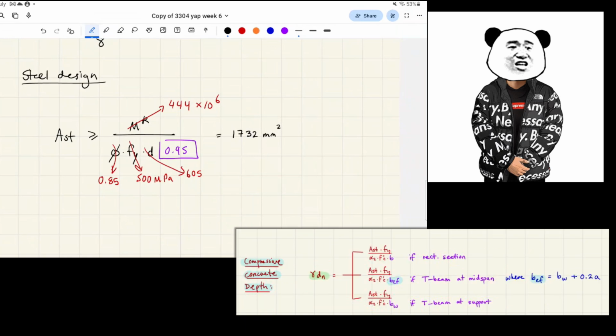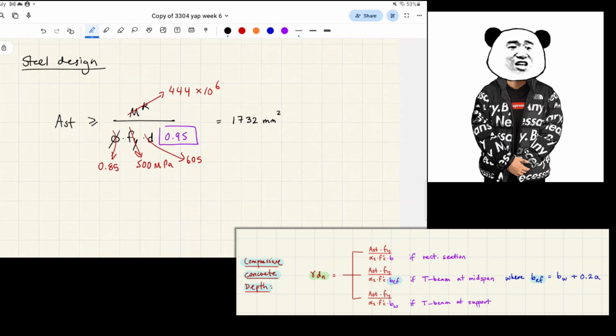selecting our steel, right? We have to use this number to calculate the next value, which is gamma dn, which is the compressive concrete depth, right? So if you remember, basically here's our T-beam. Say our neutral axis sits here, right? Say that's dn. We're doing this reduction factor gamma dn, right?